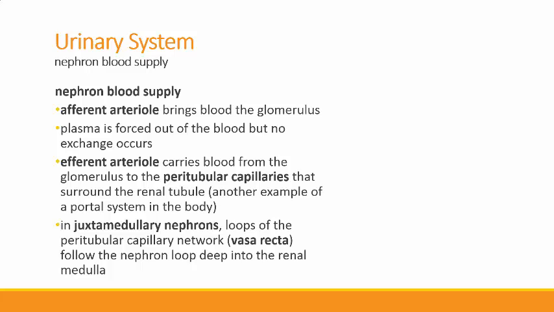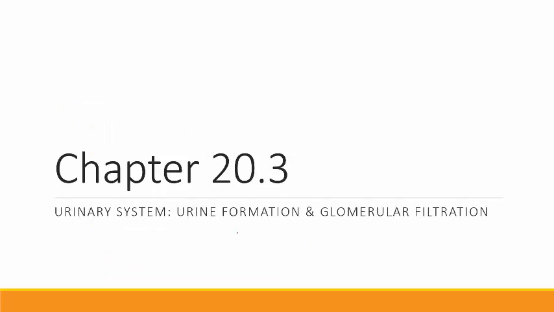And in the juxtamedullary nephrons, these loops follow the nephron loop deep there into the renal medulla, and we refer to that capillary network, it has a special name, called the vasa recta. So the vessels, I don't know why recta. Recta would be straight, they go up and down, they follow that portion of the nephron loop.